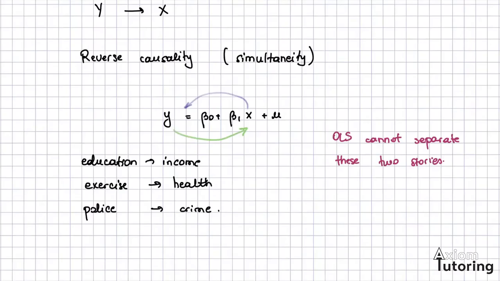For instance, with education and income, we often think education is the one that is causing income. More education will lead to higher earnings, which obviously makes sense. But think also at the same time, expected future income could also affect how much education someone gets, right? Because people who expect higher returns will invest more in education.